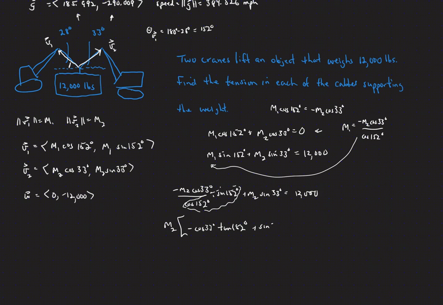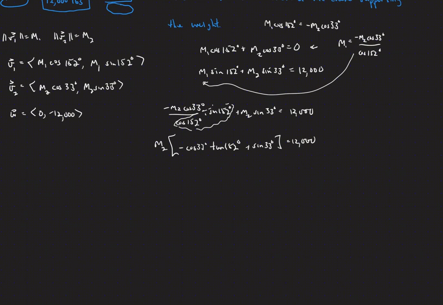And then that's going to be plus a sine 33. That's equal to 12,000. I'm going to scroll up a little bit to give myself some more room. So we're going to get M2 is going to be 12,000 over a negative cosine of 33 times the tangent of 152 plus the sine of 33. That's all in our denominator.